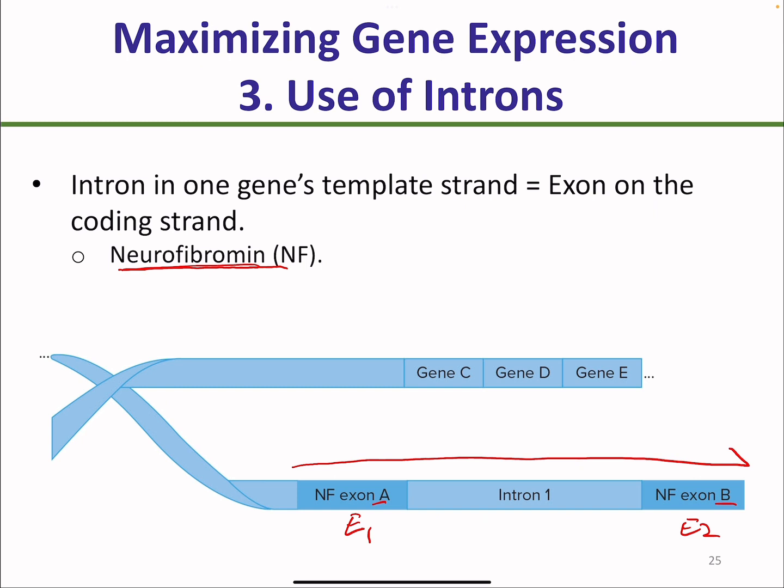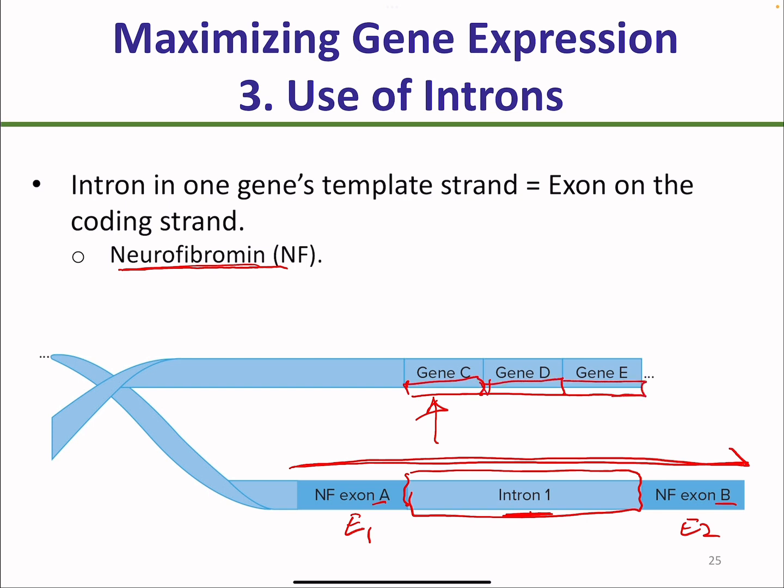However, the DNA molecule that has this intron, for the opposite strand, the non-coding strand, the intron in here is going to actually carry genes in the other strand, so that we have another gene here, and another gene here, and another gene here.